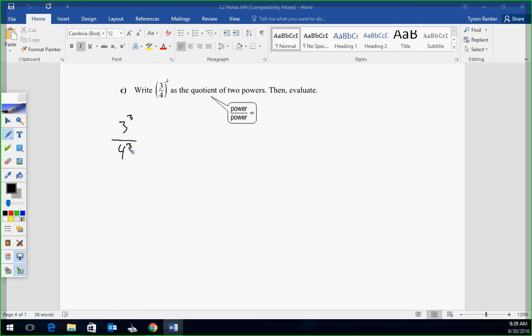We're evaluating from here. So it's going to be 3 cubed is 27, 4 cubed is 64. And I think 27 over 64 is the best it can be. Does that make sense? So again, when you have a bracketed fraction with an exponent, the exponent hits the top and the bottom. Okay? All right, so let's go and write that rule here.